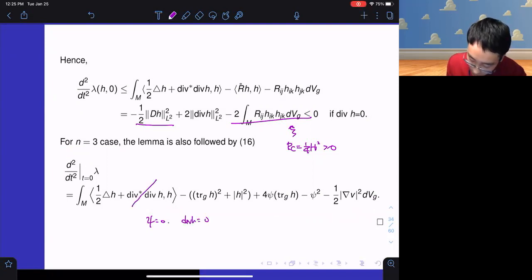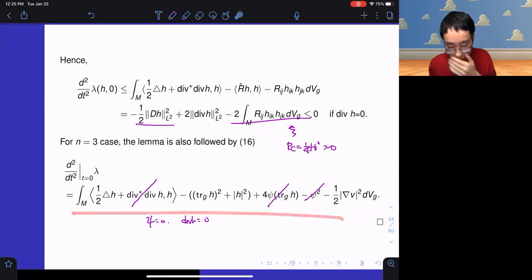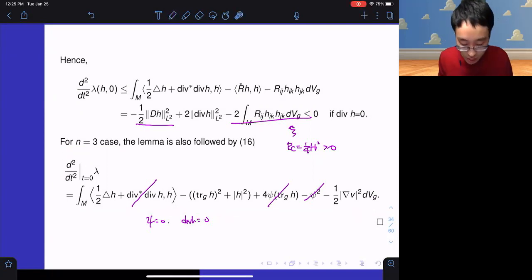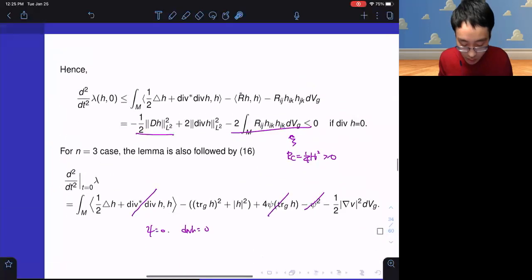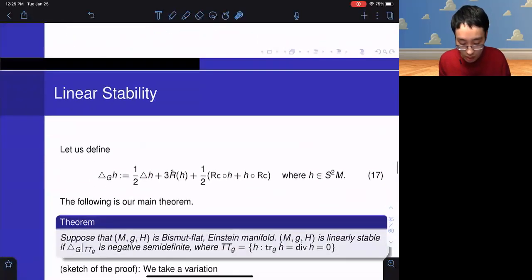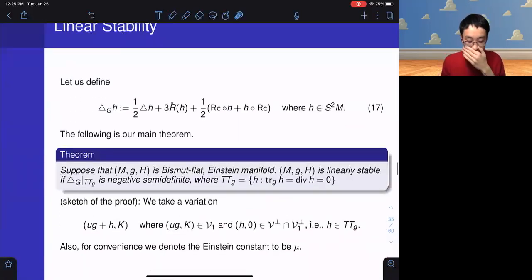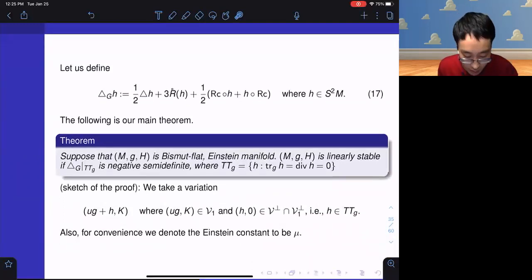So we don't have these two terms. Every term is non-positive. So the lemma is also true, easily following from this equation. Okay, so I think we are almost done. So this is my main result.